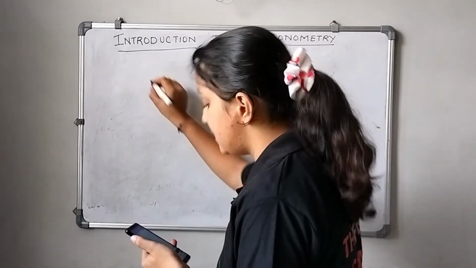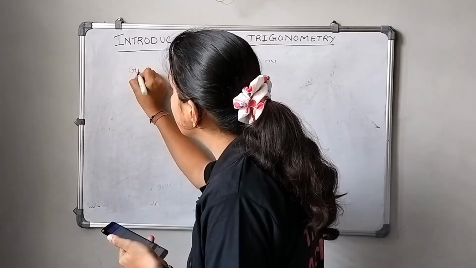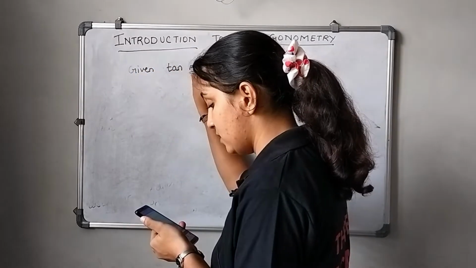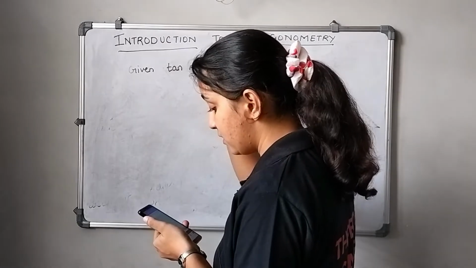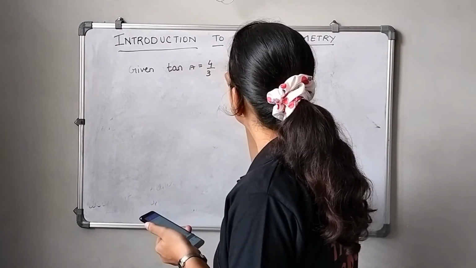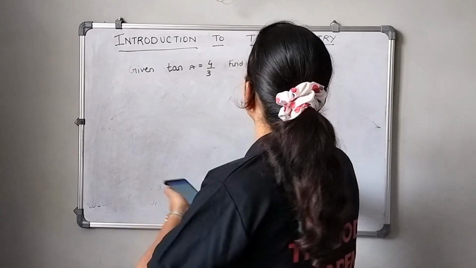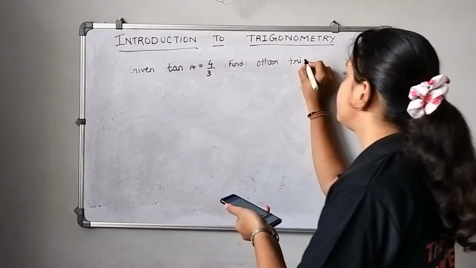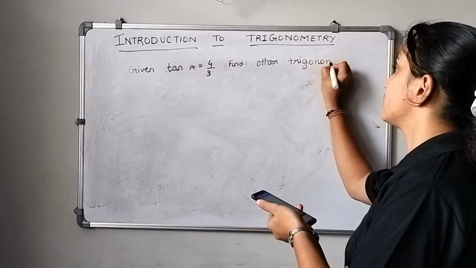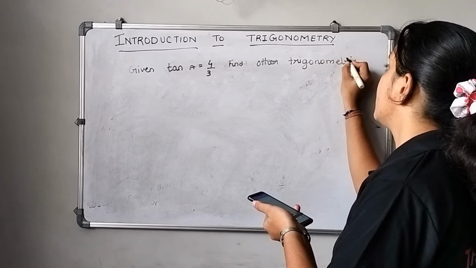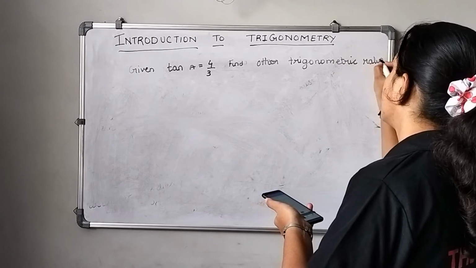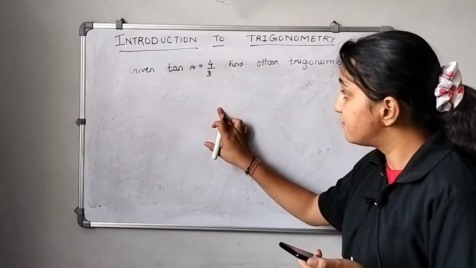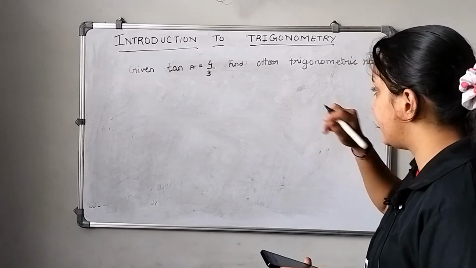The problem is saying that given tan A is equal to 4 upon 3, find the other trigonometric ratios. First, we have to draw a triangle.